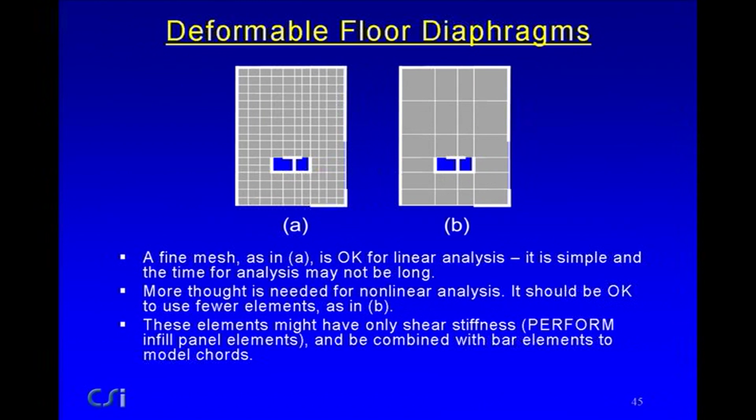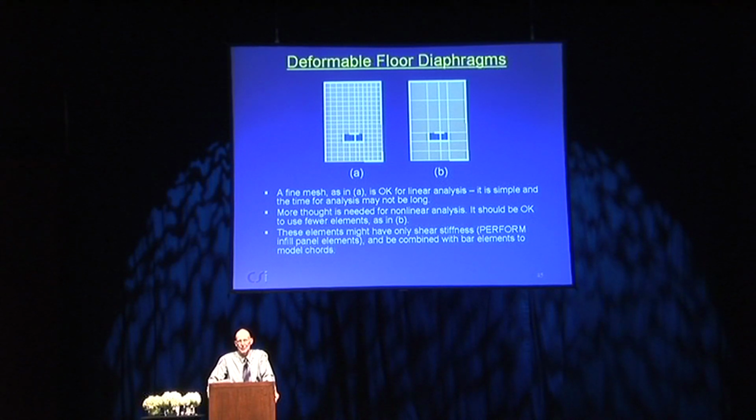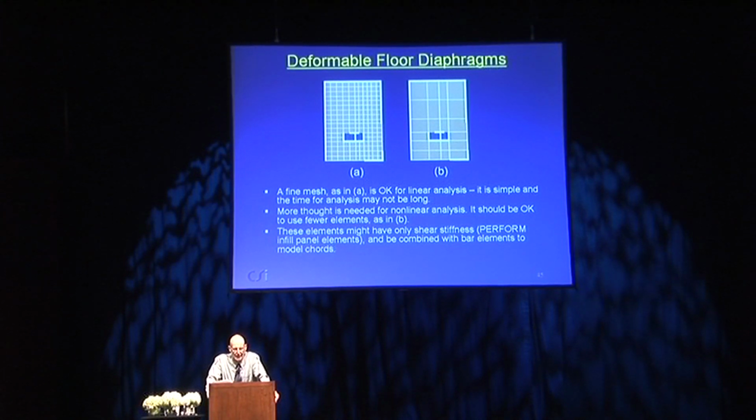You've got to be more thoughtful about this, because this can add tremendously to the computational cost if you start using these fine element meshes. You've got to ask yourself, what is really going on? How does the wall work? And try to get away with using far fewer elements. Maybe even use bar elements, like a truss model rather than a wall model. I can't really offer too many suggestions on this, otherwise you take a look at what is really going on in the structure, then ask yourself how you can reasonably model it from a practical point of view.